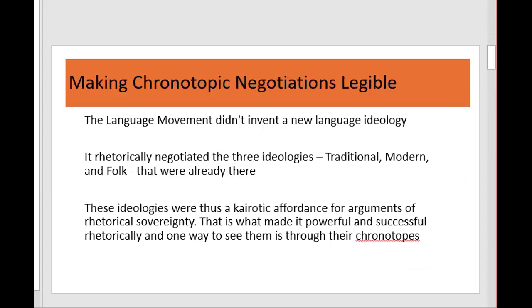Now, my main argument here is this idea of chronotopic negotiations, that is, time-space as a resource, how chronotopes are representations of time and space within an argument or within discourse. And what I'm going to try and talk about today, using examples from this study, is this idea of chronotopic negotiations as languages being represented.